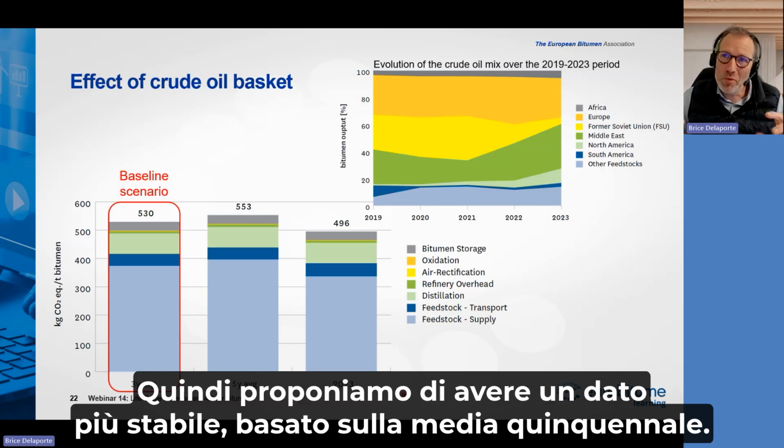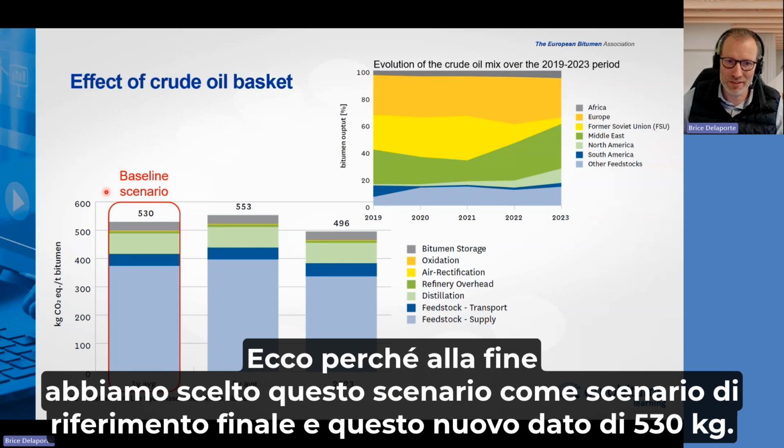So we propose to have a more, I would say, stable number based on the 5-year averaging. That's why we finally choose this scenario to obtain the baseline scenario and this new number, 530 kilograms.